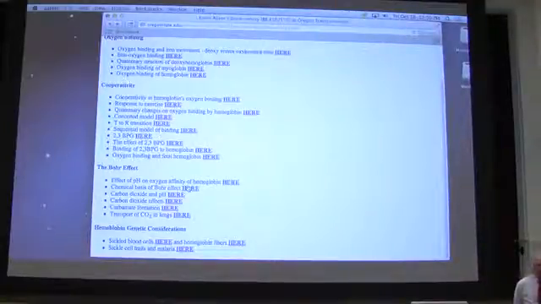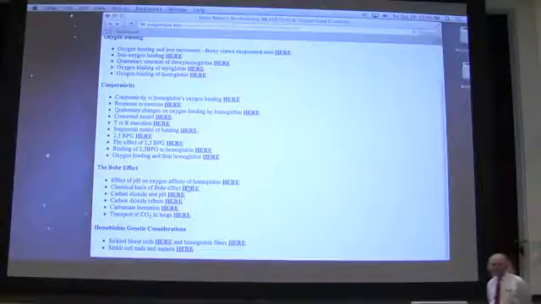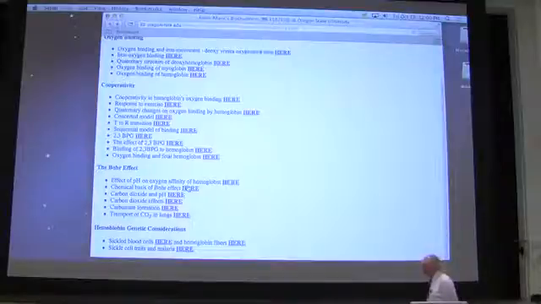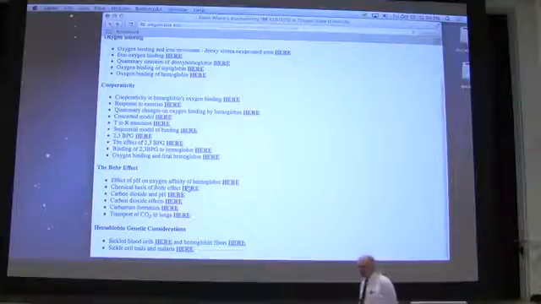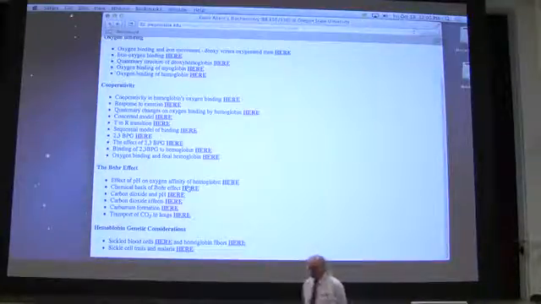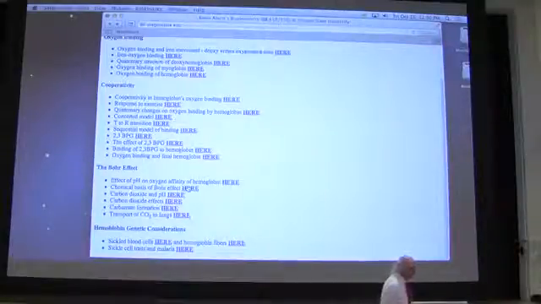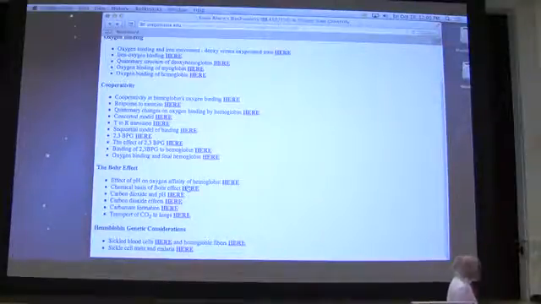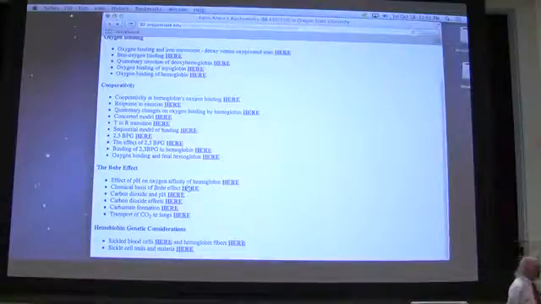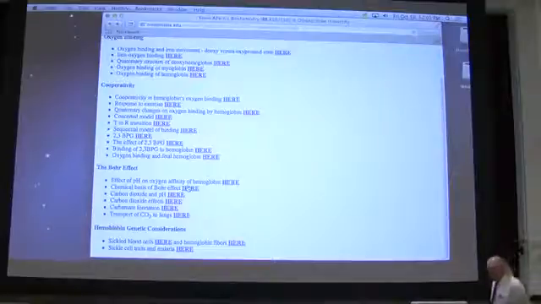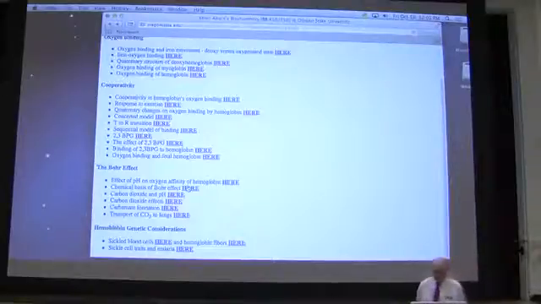I want to emphasize that hemoglobin is not an enzyme. Enzymes catalyze reactions, and there's no reaction being catalyzed by hemoglobin. Its sole function is carrying oxygen and dropping it off where it's needed. So it's not catalyzing a reaction, but in some ways the structural considerations that we have for hemoglobin carry over into enzymes, and we'll see how that happens very shortly.